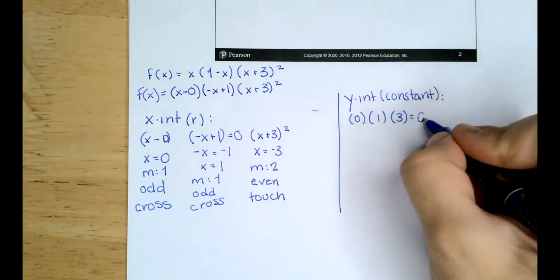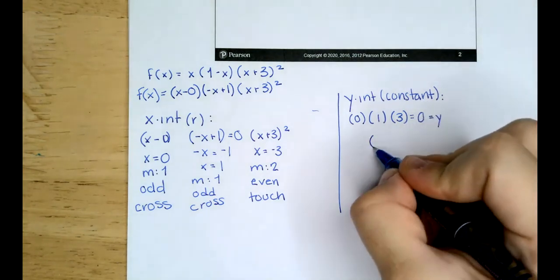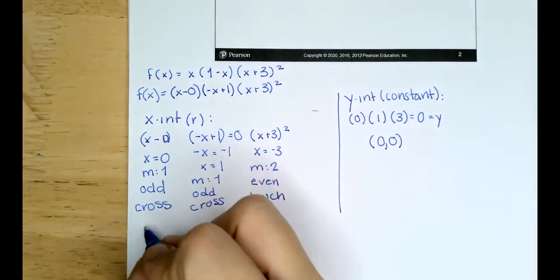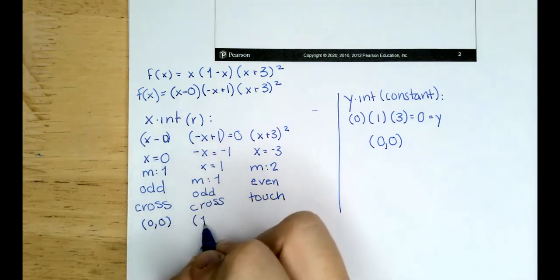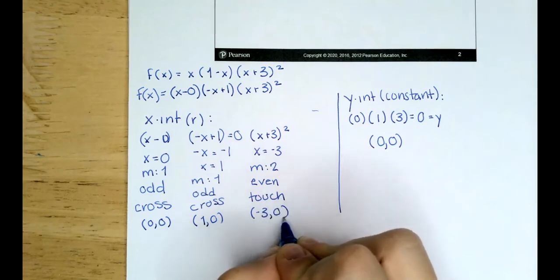Anything times 0 is just 0, right? So our y-intercept is actually just 0, 0. Our x-intercepts are 0, 0, 1, 0, and negative 3, 0.